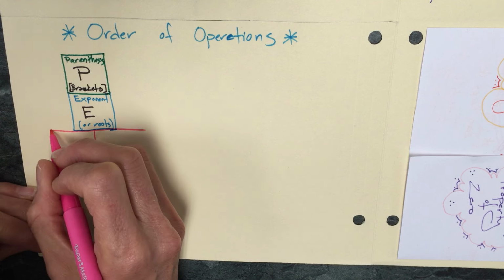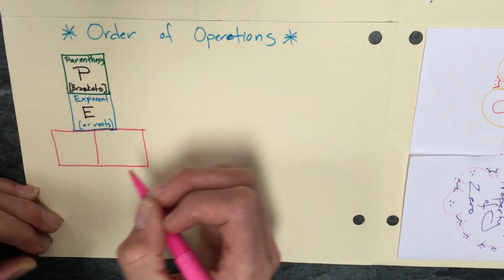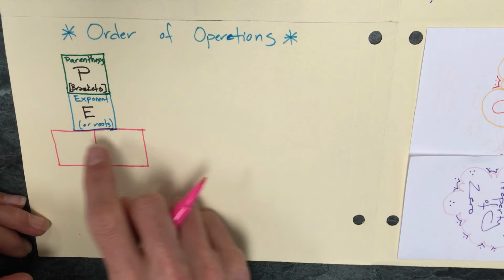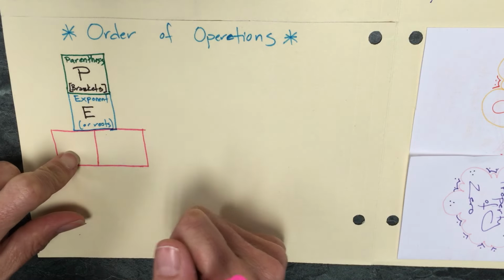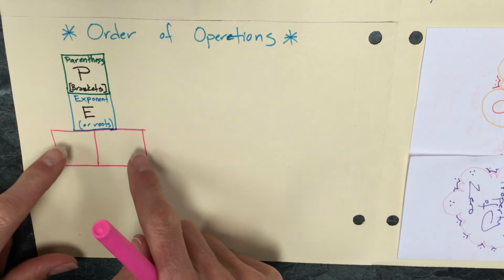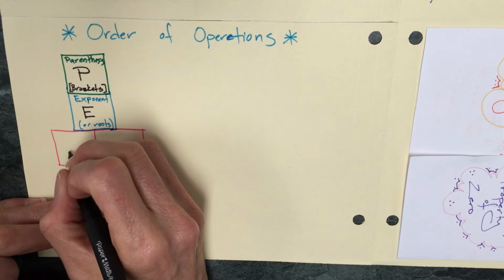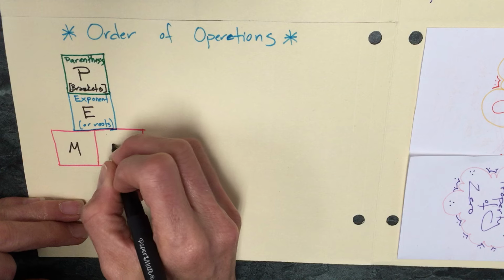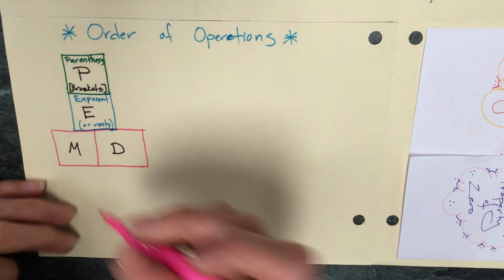I'm making 2 boxes here because you do these 2 things, whichever comes first in the problem. So you don't necessarily do the multiplication first and then the division. You can switch those around, whatever comes first in the problem. So that M and D stands for multiplication and division.